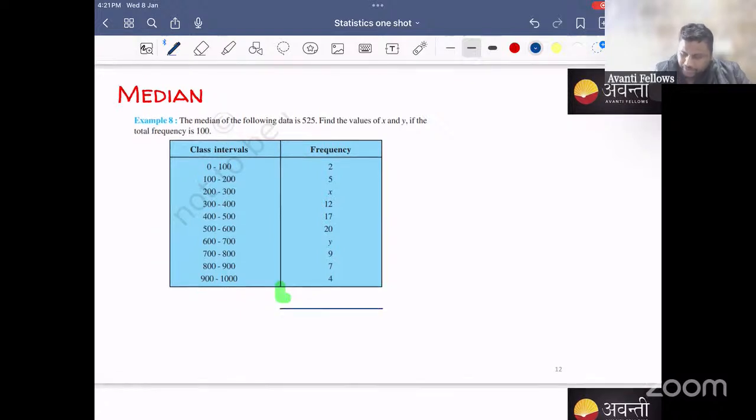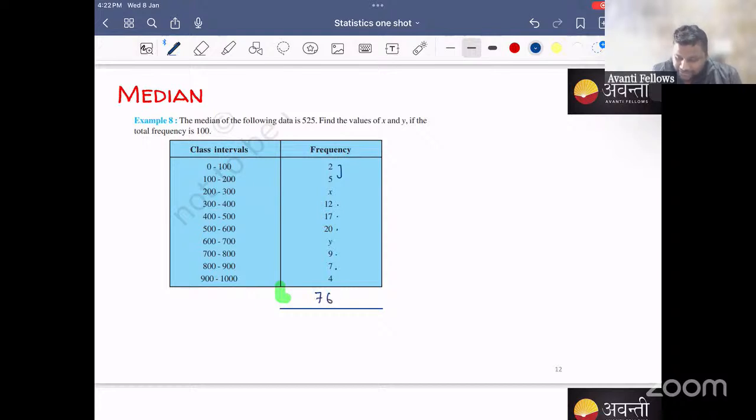Now their sum will be 2 plus 5, 7, 12 and 7, 19, 19 and 17, 36, 36 and 20, 56, 56 and 9, 65, 65 plus 7, 72 and 4, 76.